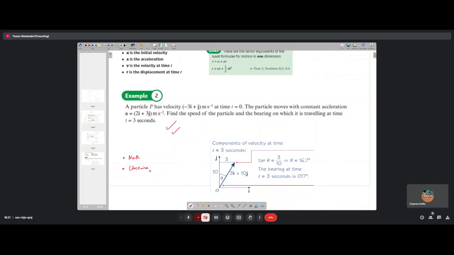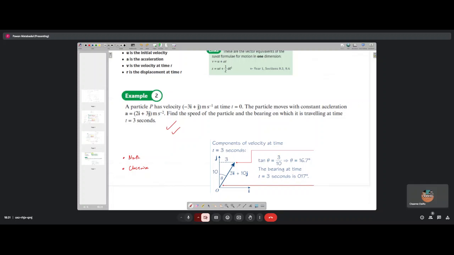And then, of course, if it's two digits, just put a zero on the front of it. So north and clockwise. That's why they're measuring this angle here, and that's why they did tan theta of 3/10.